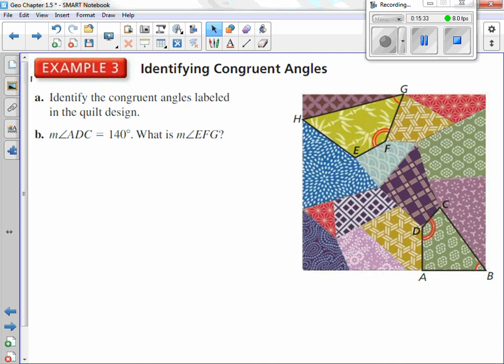With angles, we use these little arc lines in the middle of them. So whichever have the same number are congruent. That's the way to say the two angles are congruent. Okay? So if two angles are congruent, it means they have the same measure. They have the same measure of rotation, how far they open.